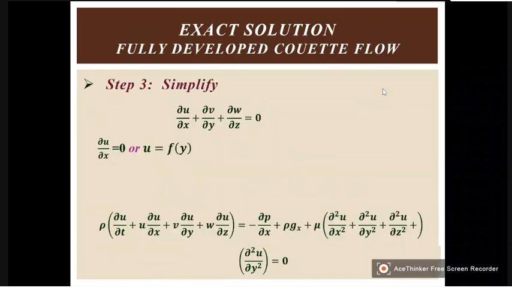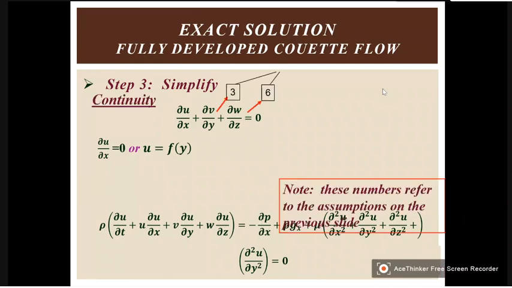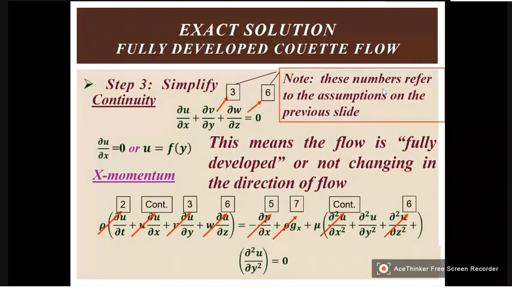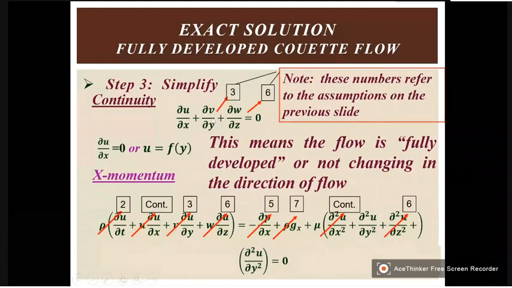Now what we do, the third step. Now the third step is simplify the equations. Now I am here projecting this. Now what we have, the continuity equation is dou u by dou x plus dou v by dou y plus dou w by dou z is equal to 0. Now this dou v by dou y will vanish.